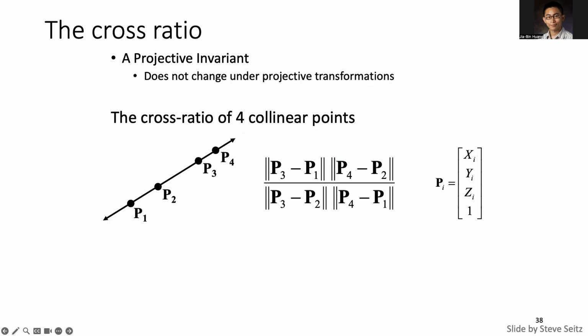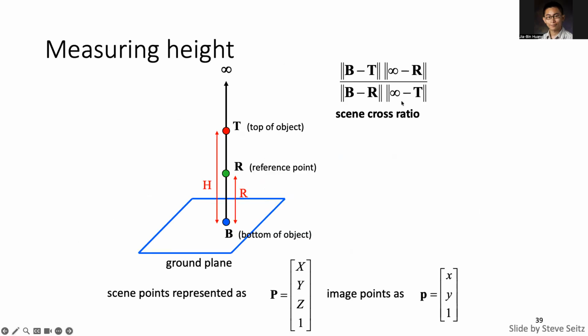And with this invariance, you can do some very interesting things, right? For example, in this case, we have 4 points in physical space, so you have this cross ratio in physical space. This ratio is the same as H and R. And at the same time, you have a camera looking at these 4 points again.